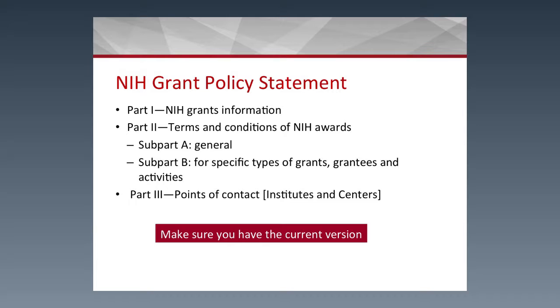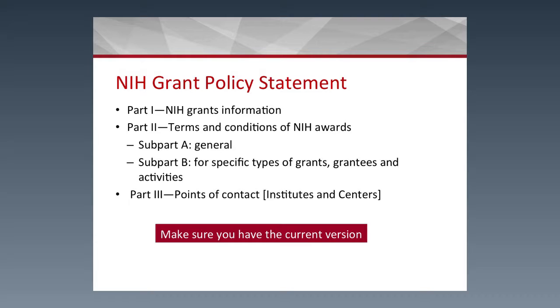The second part goes into detail to tell you more about the terms and conditions that are tied to NIH awards. It's also divided into two subparts: subpart A, which is very general, and subpart B, which will go into very specific details on that particular type of grant, or different types of grants, different types of grantees, as well as activities.